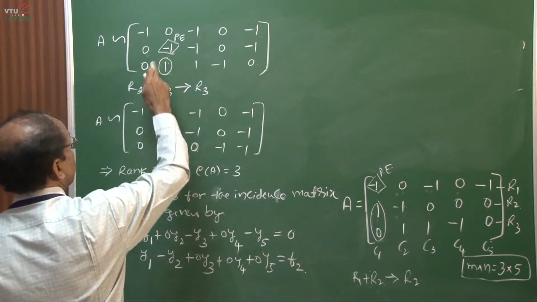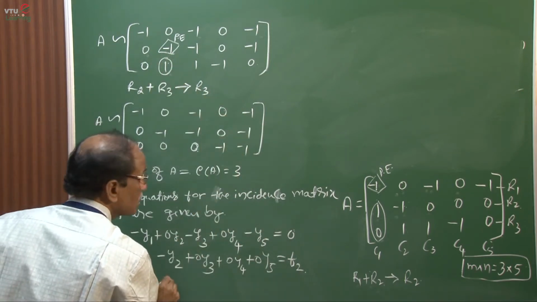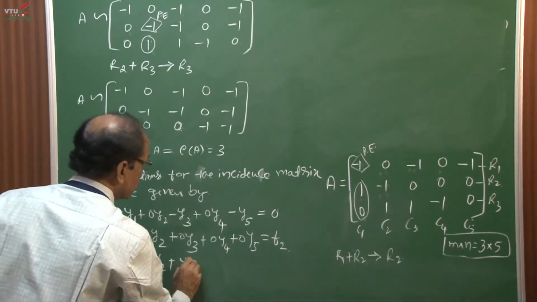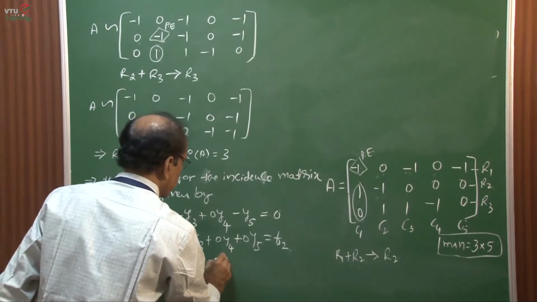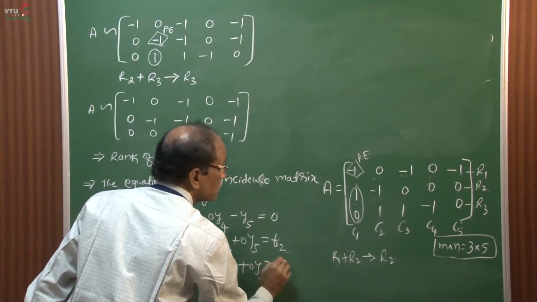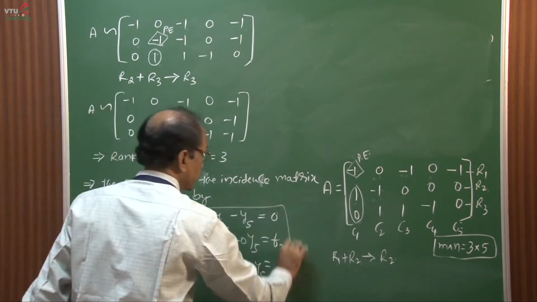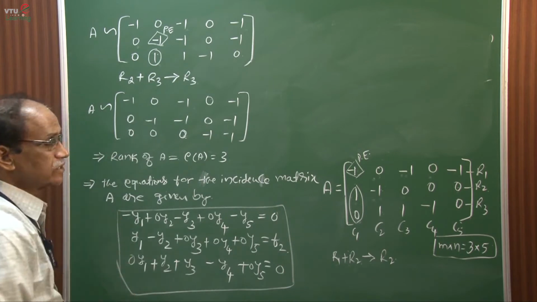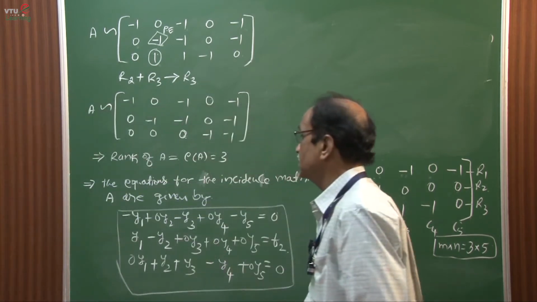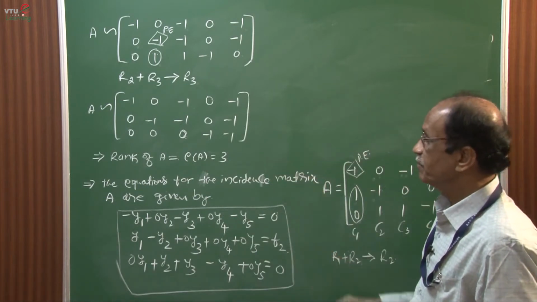This is the flow of the current in the circuit. Then 0 into y1 plus y2 plus y3 minus y4 plus 0 into y5 is equal to 0. So these are the equations which can represent the flow of the current through the given circuit. This is the problem that you can define through matrix equations, and you can find the rank.